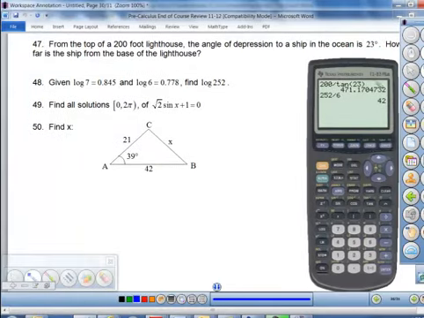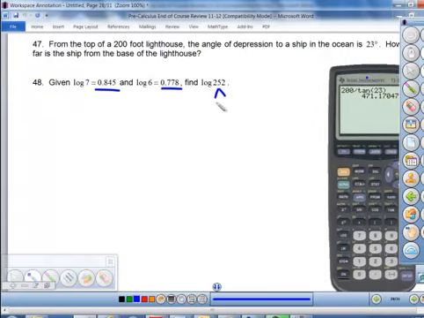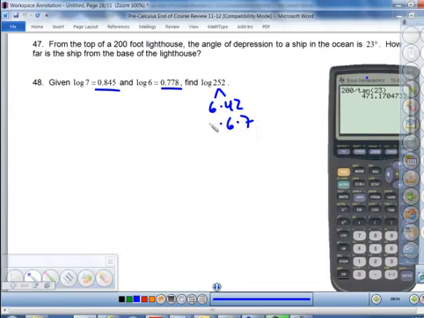So this is 6 times 42, and 42 is the same as 6 times 7. So here I've got 6 times 6 times 7. So if I have log of this, that means that I can break this up and expand it and say that this is the same as log 6 plus log 6 plus log 7.